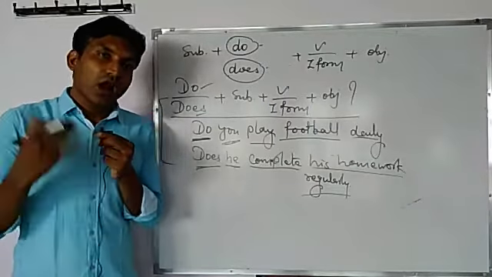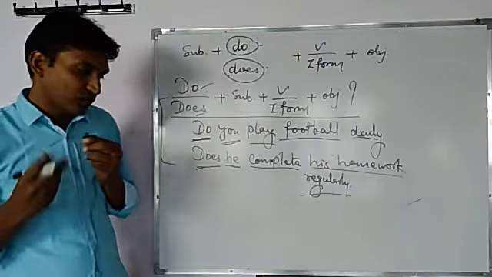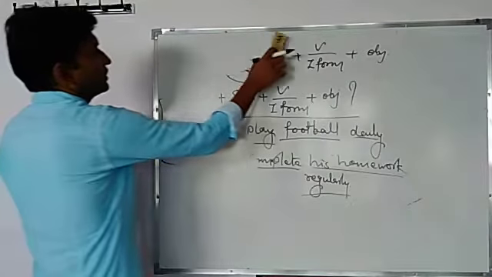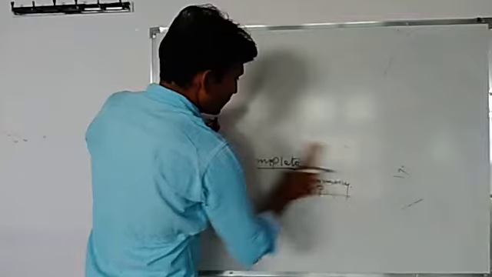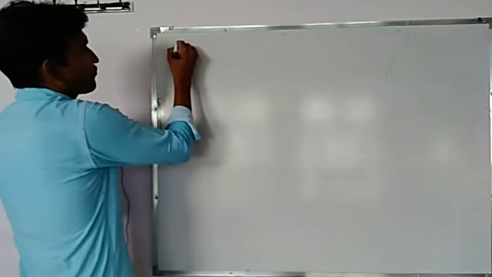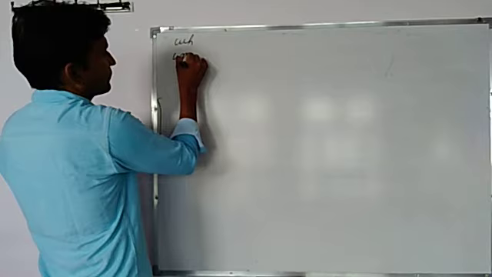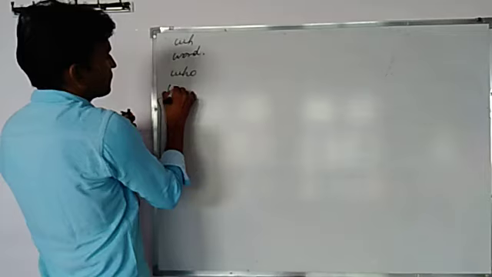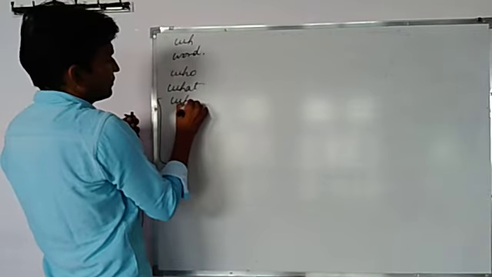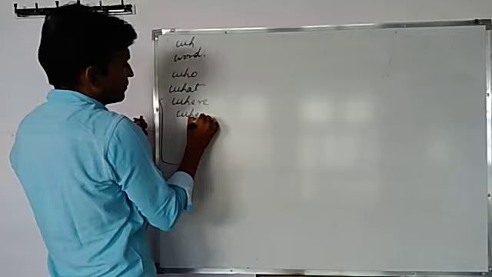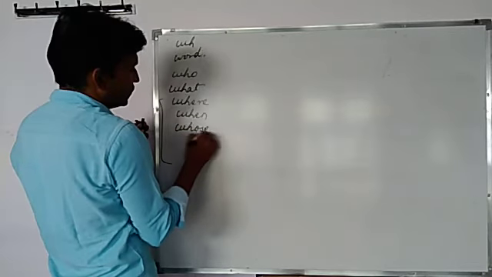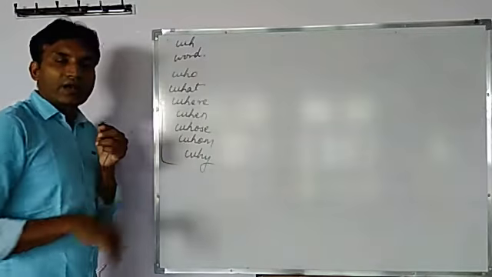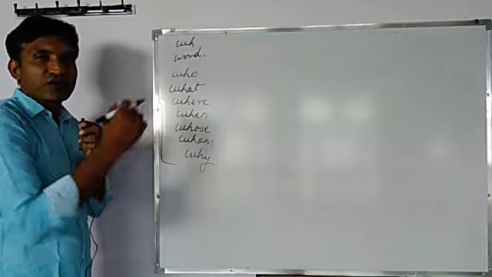Is it clear? Now we come to WH interrogative. You know what is WH interrogative or WH words? Look, WH words are who, what, where, when, whose, whom, why, etc. So these are WH words.